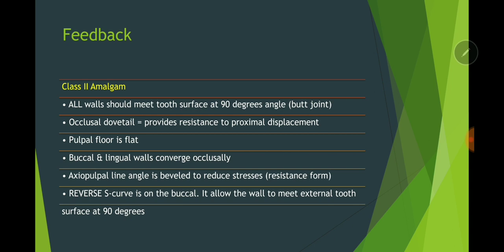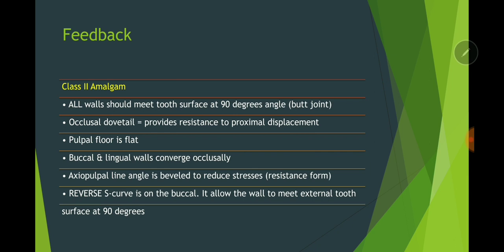So as we mentioned in the previous series, the series 2, here again is the characteristic of class 2 amalgam preparation. All right. So all walls should meet two surfaces at 90-degree angle. They should meet at the butt joint, okay? And the occlusal dovetail provides resistance to proximal displacement, and the pulpal floor is usually flat.